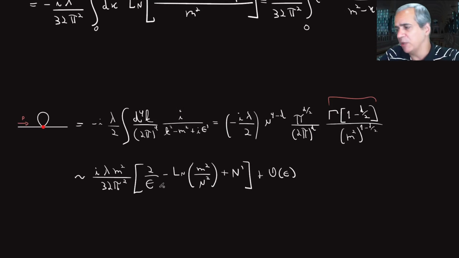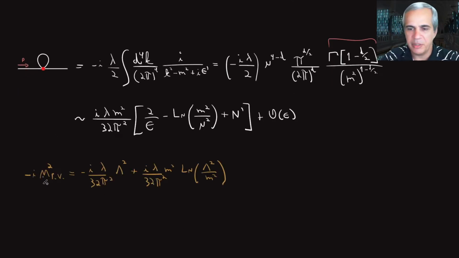But suppose we want to compare these now with the Pauli-Villars result, which I repeat here, and you want to find that matching, that dictionary between the dimensional regularization and the Pauli-Villars methods. You have to decide what divergence you match here.